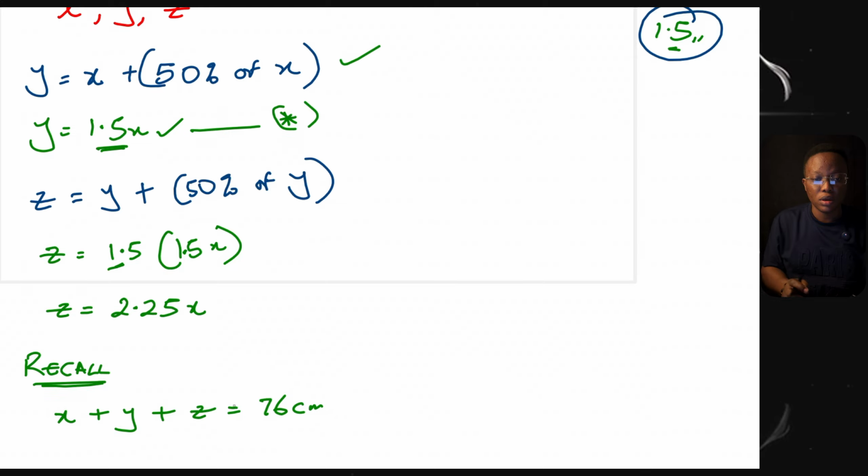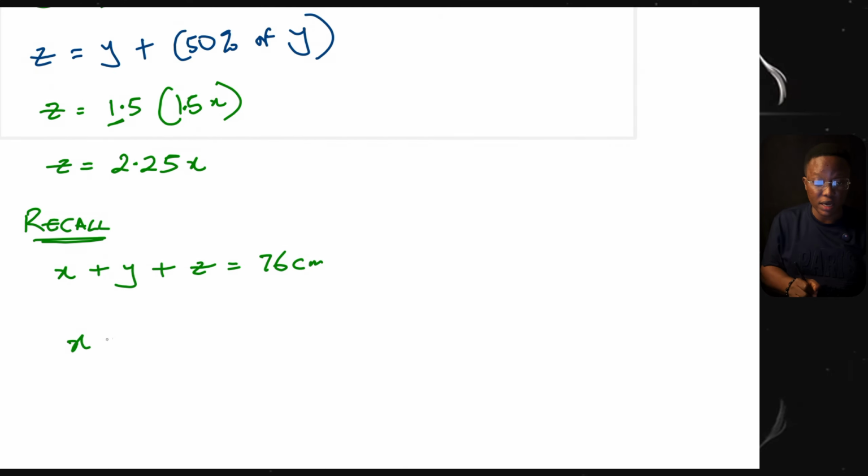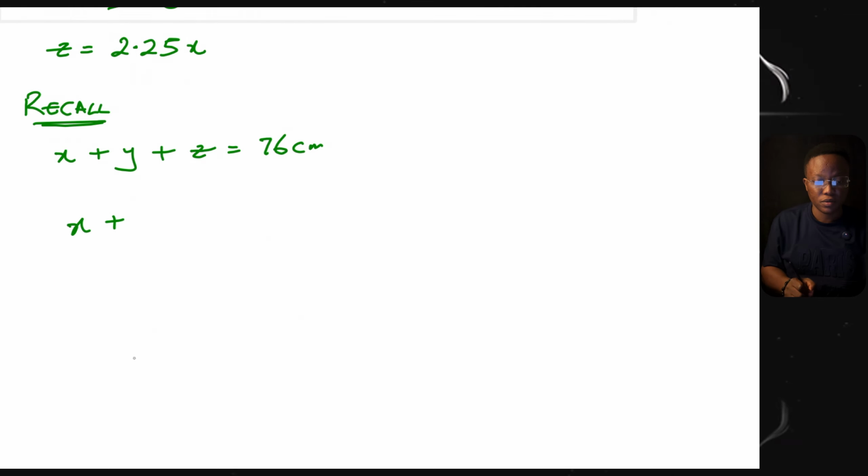And where X is X, obviously, Y is 1.5X, and Z is 2.25X. So now this gives us 1X plus 1.5X plus 2.25X, which I didn't write correctly. 2.25X.